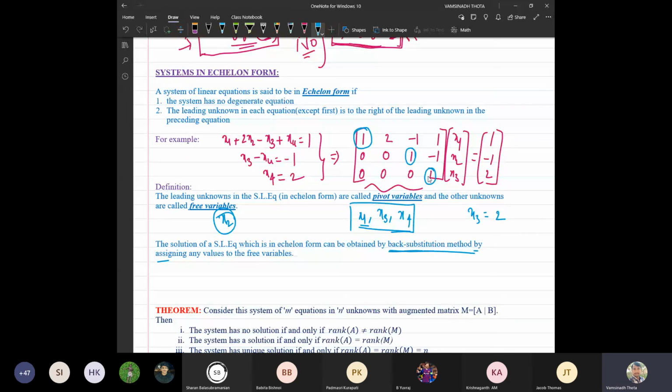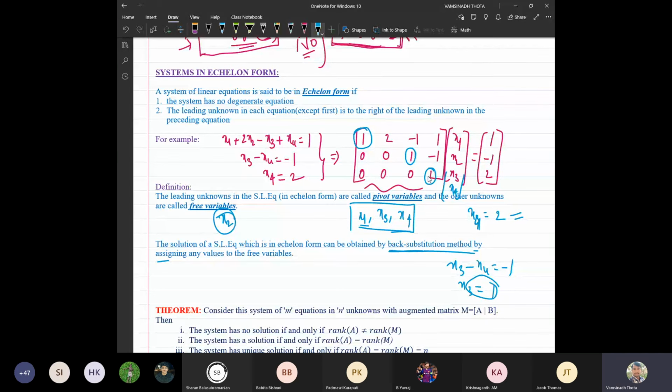Oh, sorry, here x3 and x4 are also there, right? The last equation is x4, not x3. So x4 is equal to 2, we obtain directly. The second equation is x3 minus x4 is equal to minus 1, and hence x3 is equal to 1.